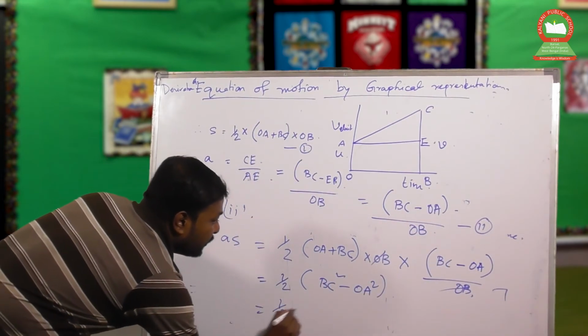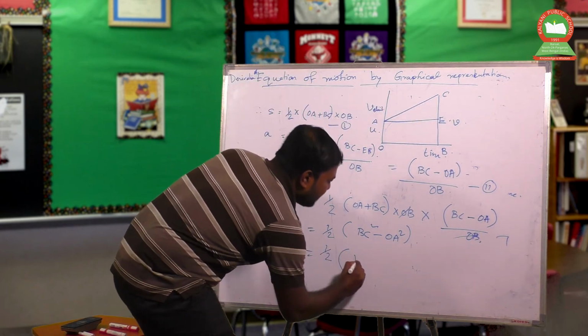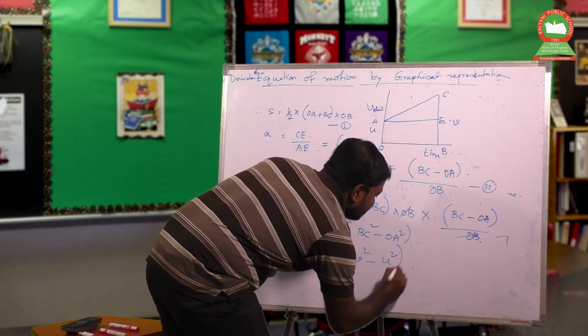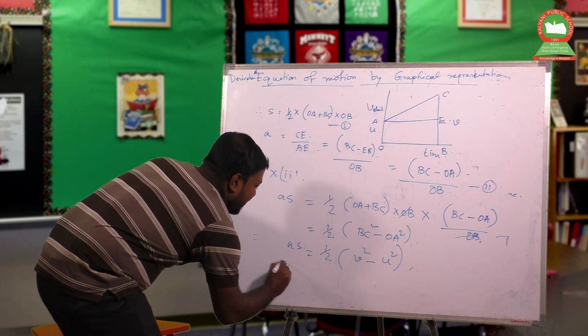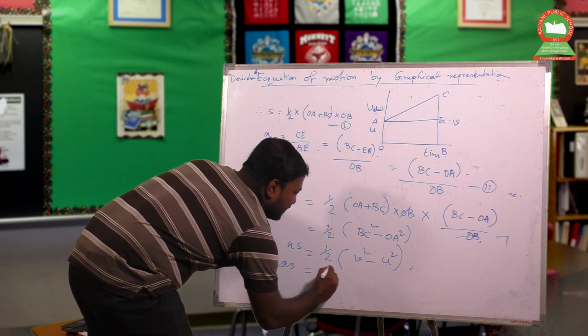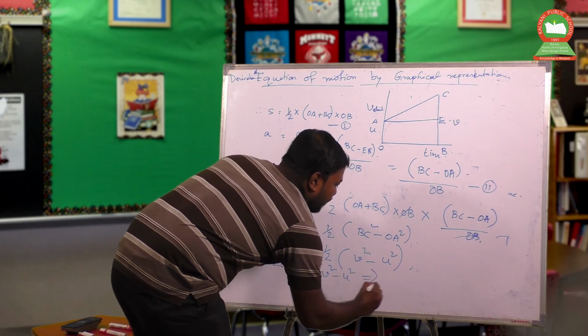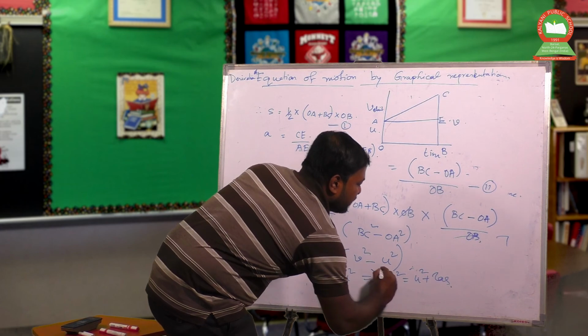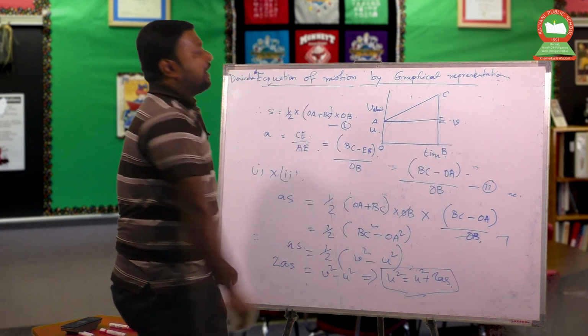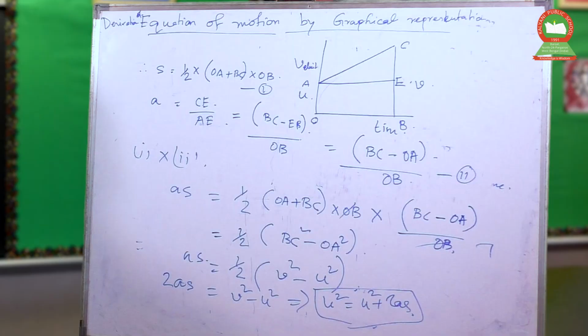Now BC square is nothing but V square and OA square is nothing but U square. So 2AS equals V square minus U square, or V square equals U square plus 2AS. So this is the final equation of this chapter, and hence the chapter is closed.